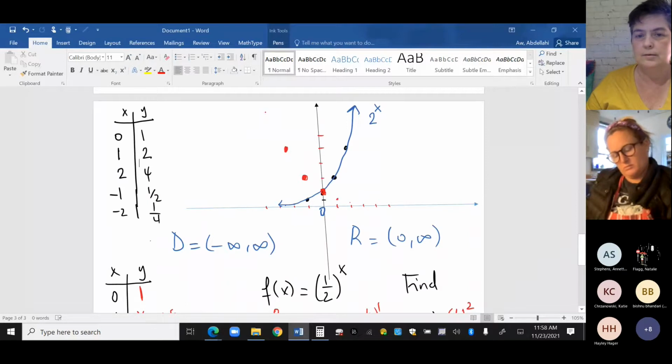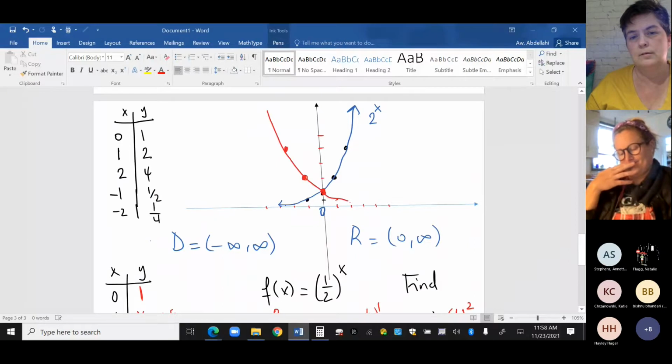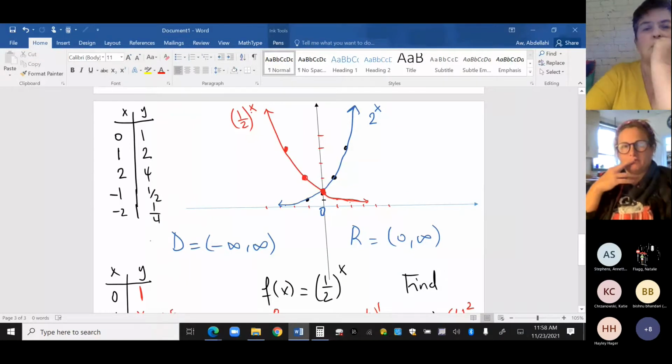So this is the graph of exponential base 1/2. Same domain, same range, two opposite behaviors, right? One of them is increasing, going up from left to right. The other one is going down from left to right.